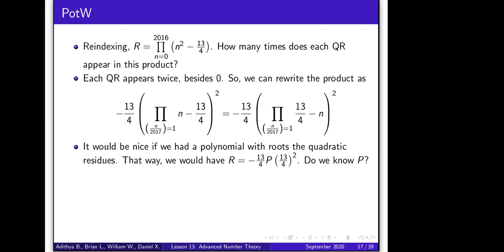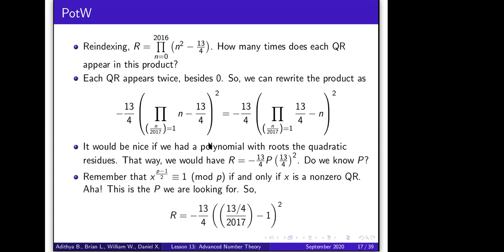And the reason why is by Euler's criterion. Remember that a number is a quadratic residue if and only if x to the p minus 1 over 2 is equivalent to 1 mod p, or equivalently x to the p minus 1 over 2 minus 1 is equivalent to 0.